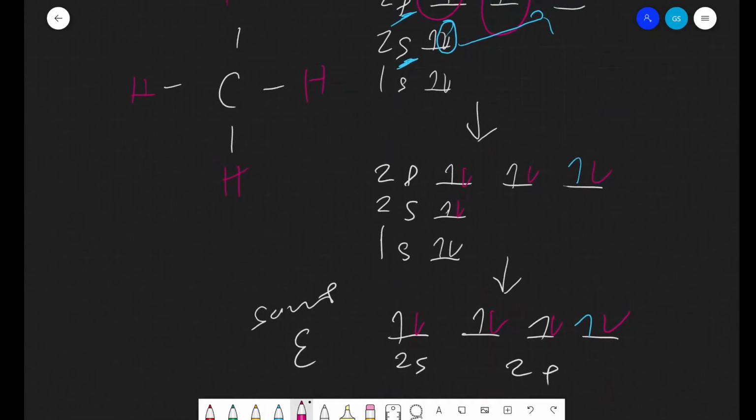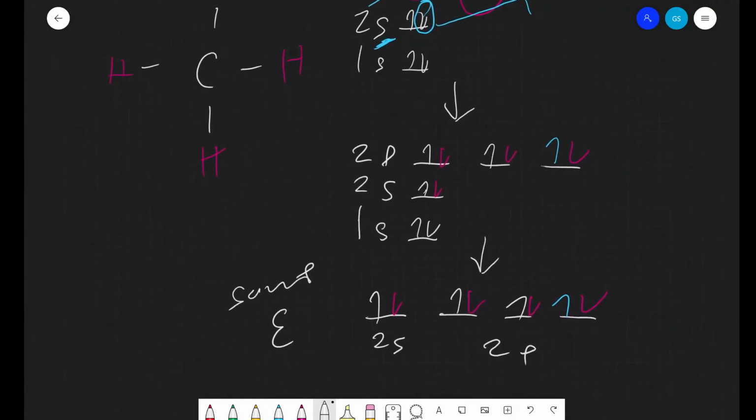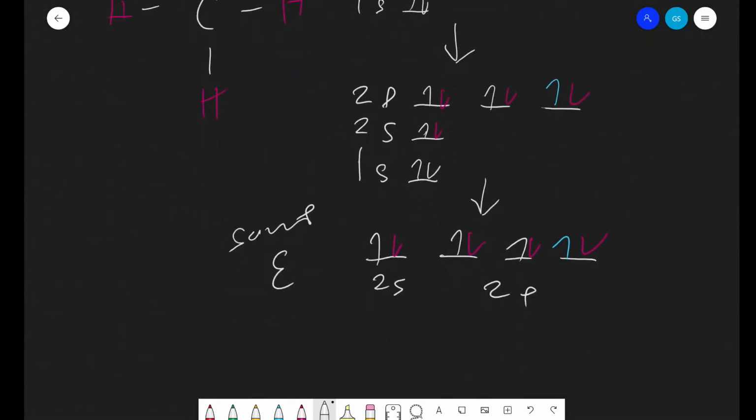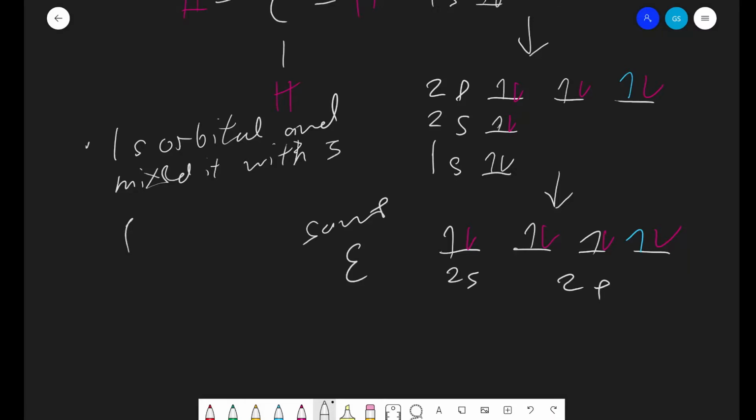Now, we need to give a name for this hybridization so we can classify it. How do we name it? Well, we name it according to how many orbitals are mixed and how many are making single bonds. So we used 1 s orbital and mixed it with 3 p orbitals, right?